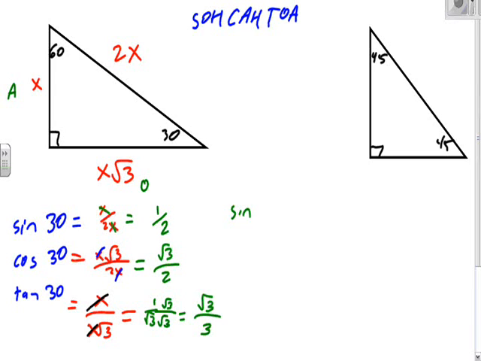So sine of 60, opposite over hypotenuse, that's x square root of 3 over 2x, which we already simplified previously to be square root of 3 over 2.